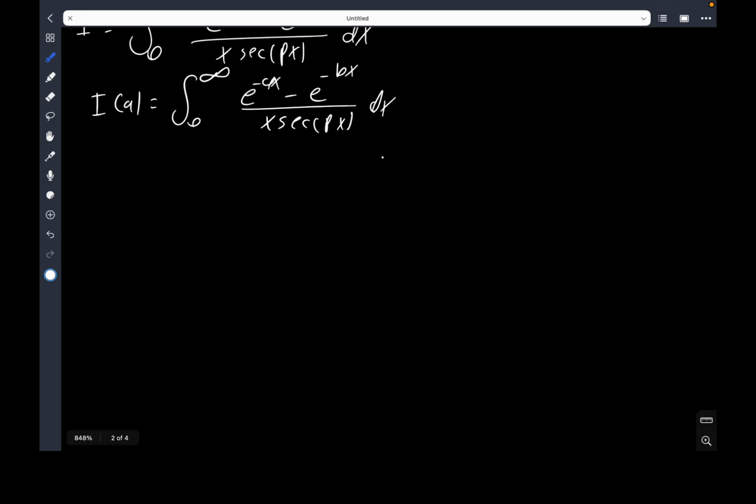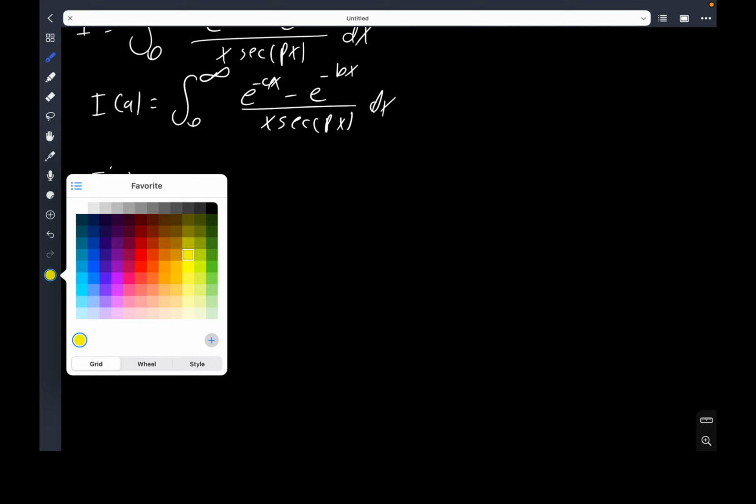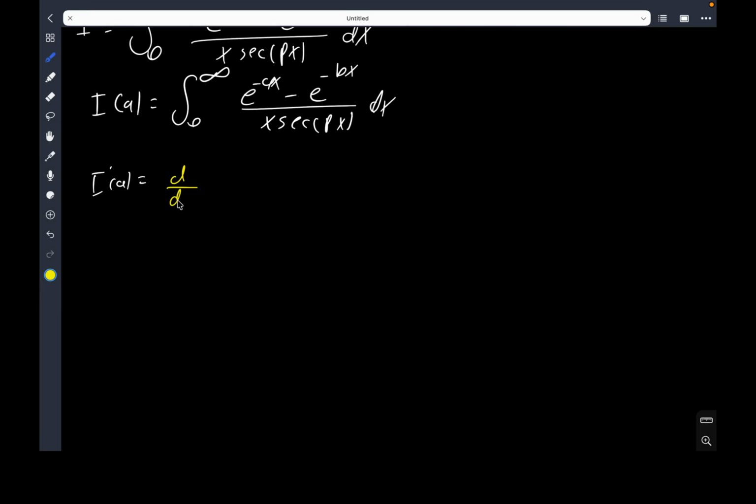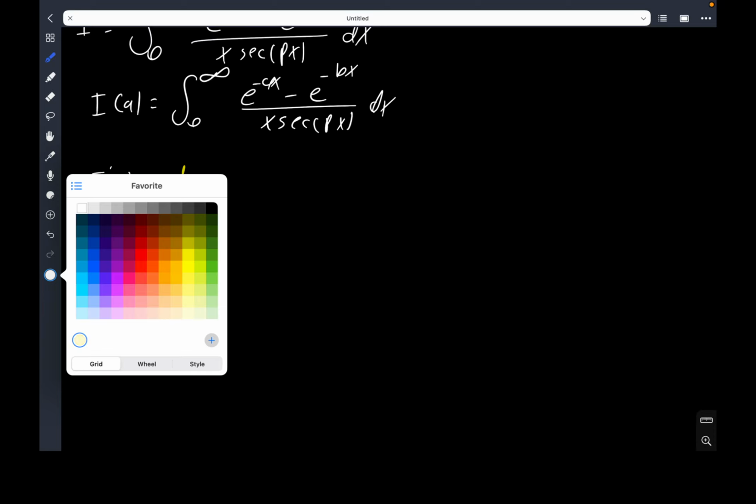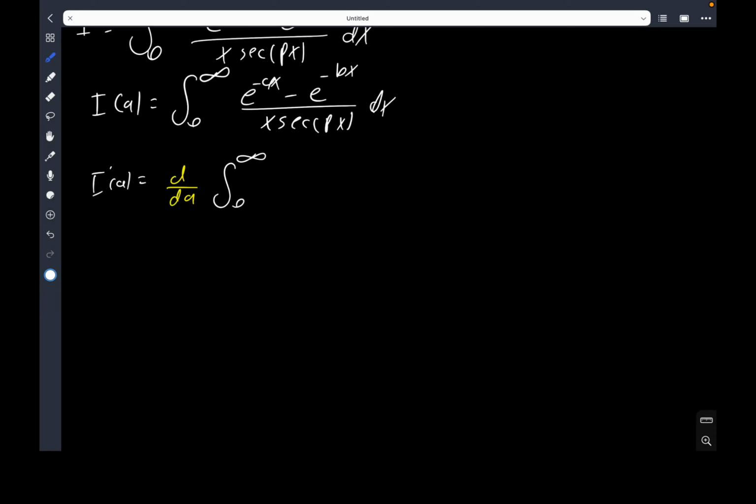And I can take the derivative of this integral with respect to a. This is going to be d/da of the integral from 0 to infinity of (e to the negative ax minus e to the negative bx) over x times secant of px dx.